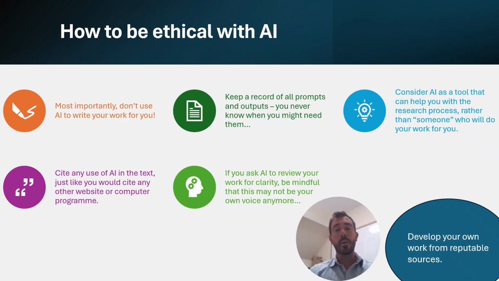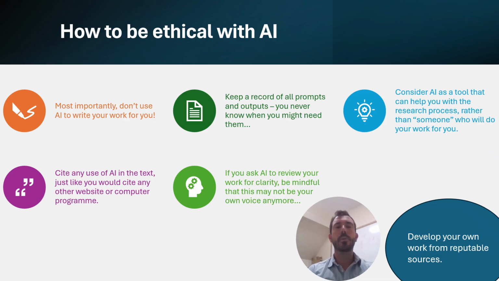And remember, if you use AI to review your work for clarity, it will rewrite things in its voice, not in your voice. So you could ask it to check for spelling and grammatical errors, for example, but it's normally better to get those generated as a list of outputs, which you then check in your own work, rather than getting your work rewritten by AI.